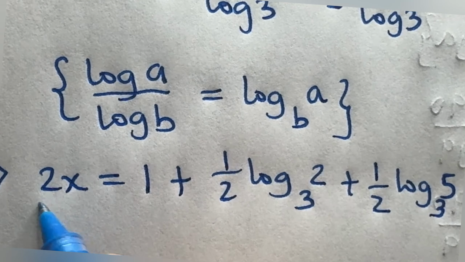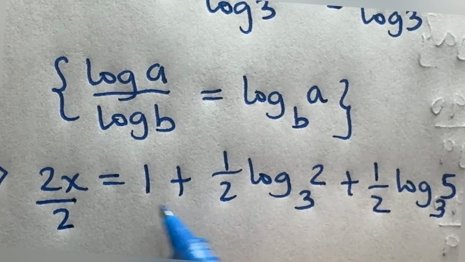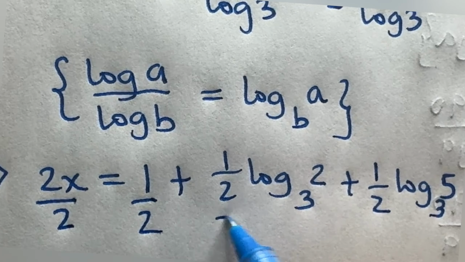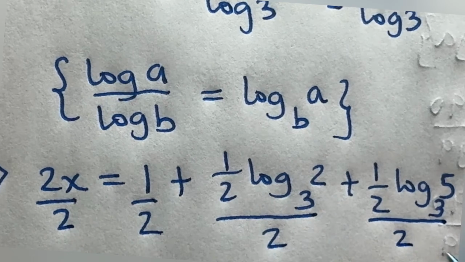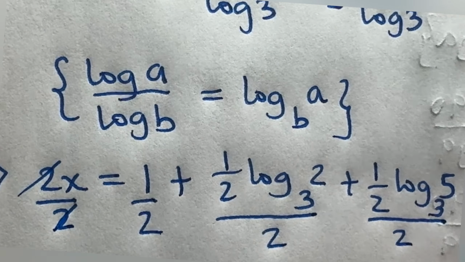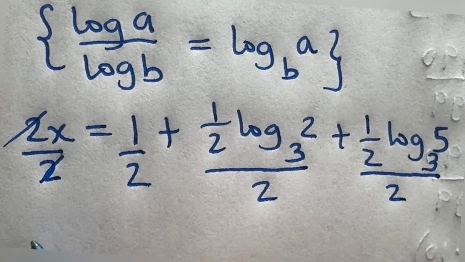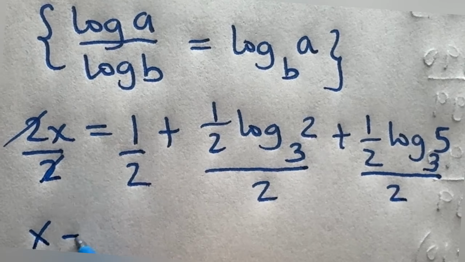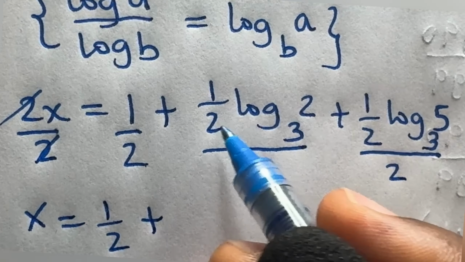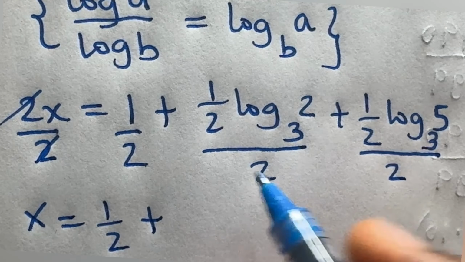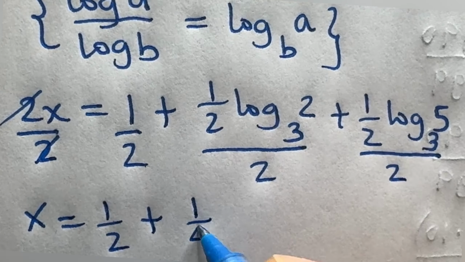So we now have to divide by 2 to solve for x. This cancels this, and x is going to be 1 over 2 plus, this is 1 over 2, 1 over 2 divided by 2 is 1 over 4.